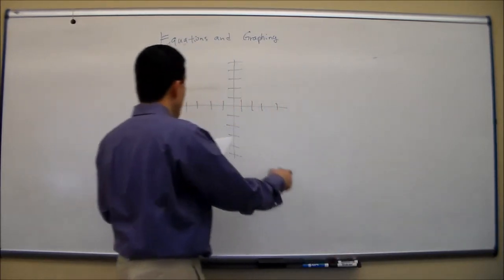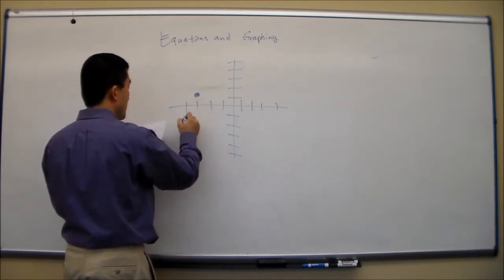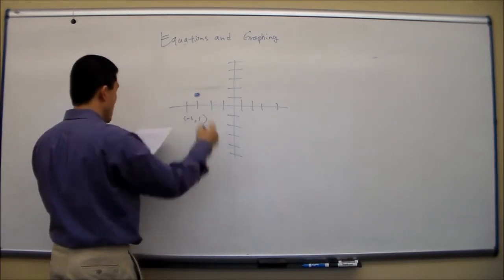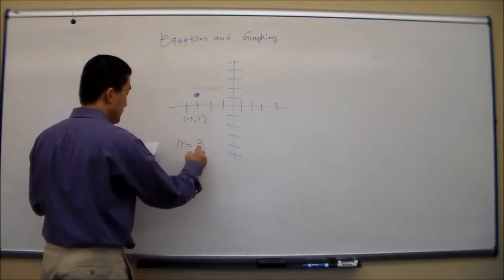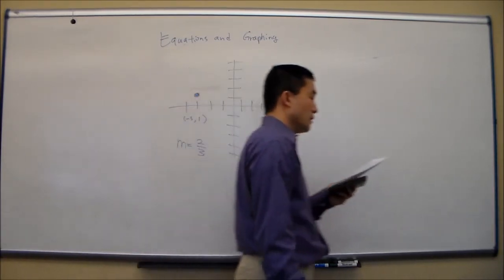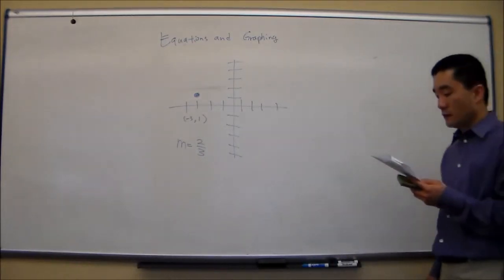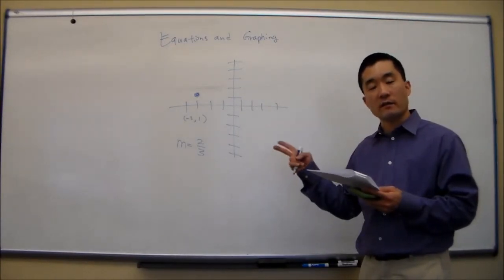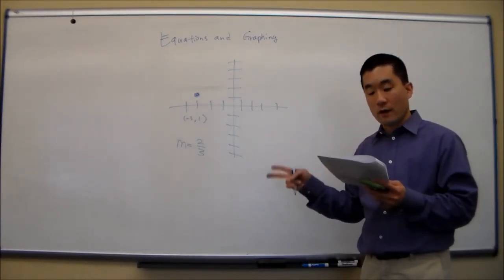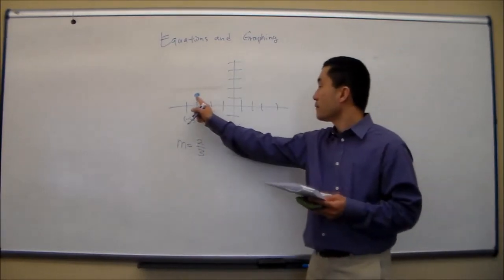The point is at -3 and then the 1. And then slope is 2/3. So I need to have another point in order for me to draw a line that passes through 2 points. From geometry, you know that you need at least 2 points to draw a line. So let's do another point, starting from here.